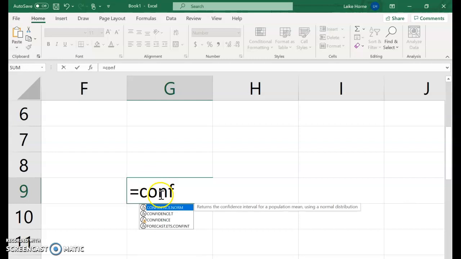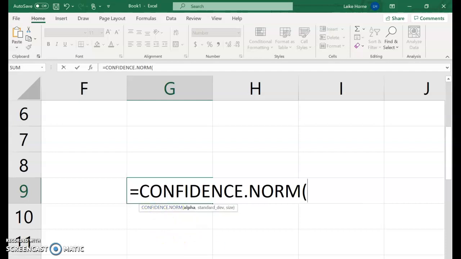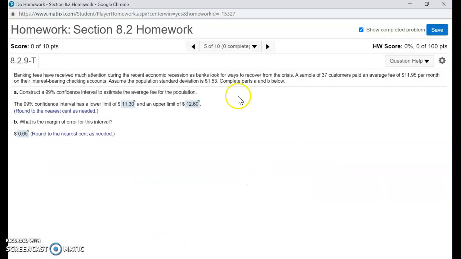So you're going to use CONFIDENCE.NORM. Alpha here, it says 99%, so alpha would be 1 minus 0.99.